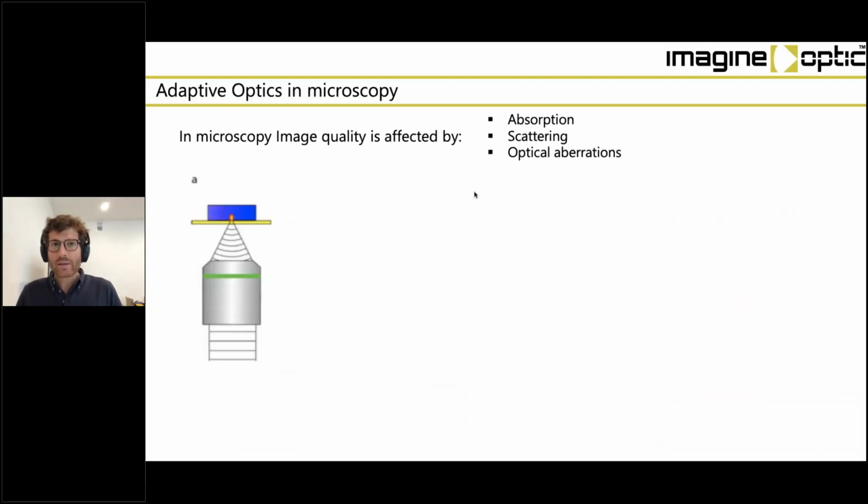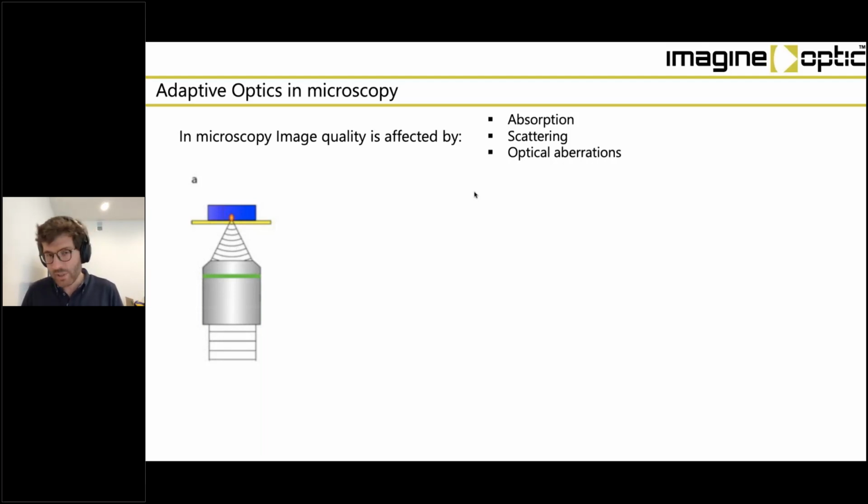I think the first thing to discuss, and it's probably something that you have all encountered, is that when you image something in microscopy, the quality of your image is going to be affected by some factors, including absorption, scattering, and optical aberrations, and this becomes more predominant as you go deeper in the sample. Probably you've seen it when you look at something at the surface of the cover slip.